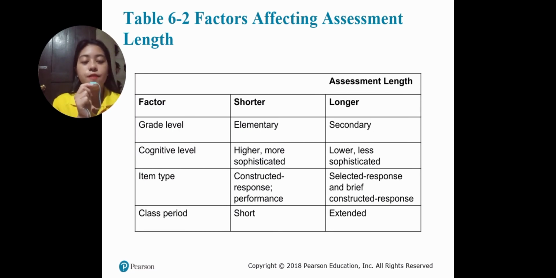In cognitive level, shorter is higher and more sophisticated, and longer is lower and less sophisticated. Next is the item type: shorter is constructed response or performance, and longer is selected response and brief constructed response. In class period, shorter is short and longer is extended.